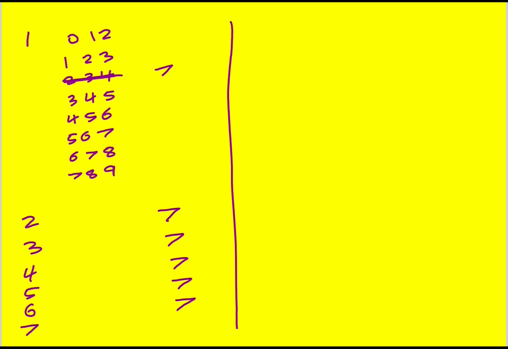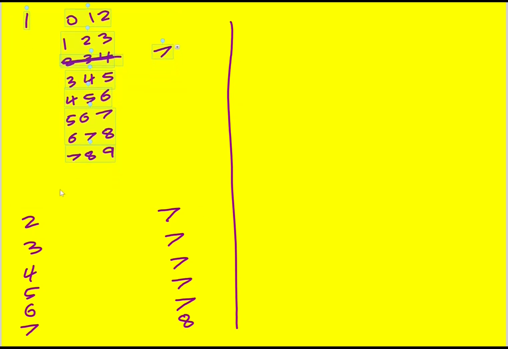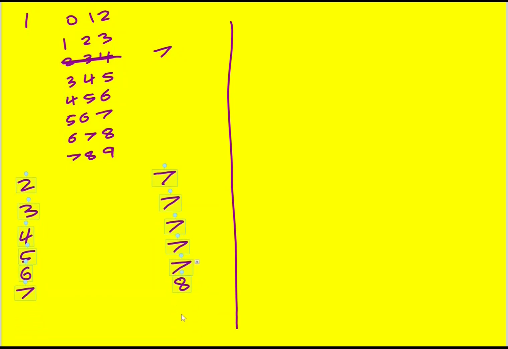Now, when I get to 7, I can use 8, 9, 0. So actually, this means there's going to be 8 possibilities. I could have any of these now. And then if I go with 8, I could have any of them again. And if I start with 9, I could have any of them again. There's 8 for all of these.